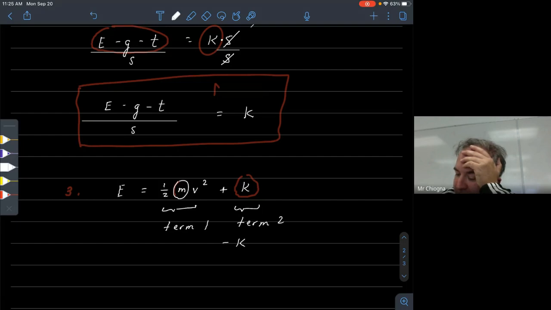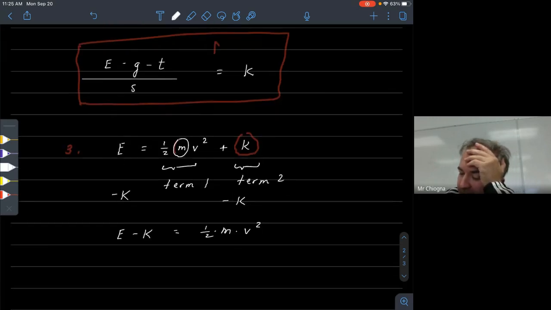Move the term that does not contain the variable you're solving for. That's a v squared there. We're going to see that a lot. And for clarity's sake, this is a half.